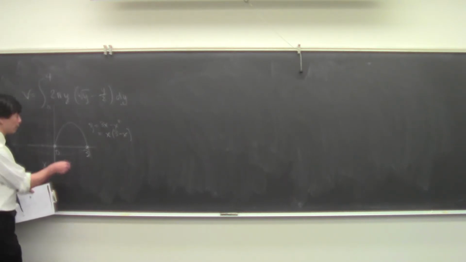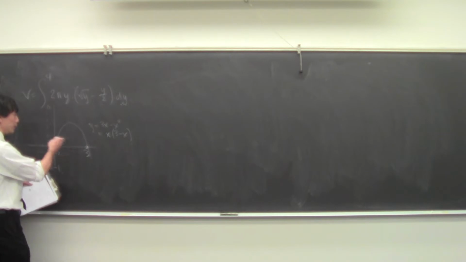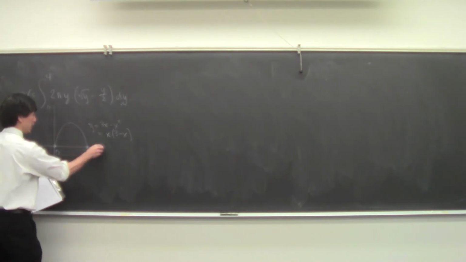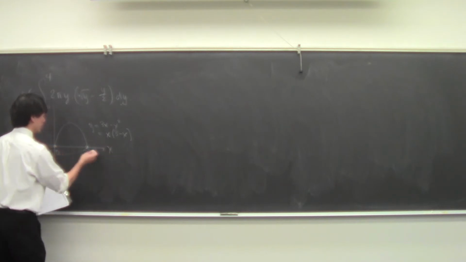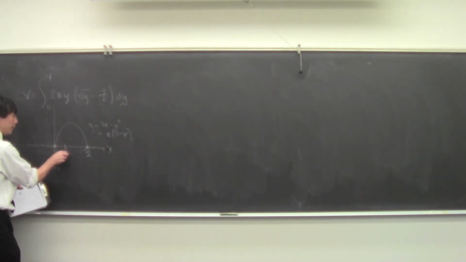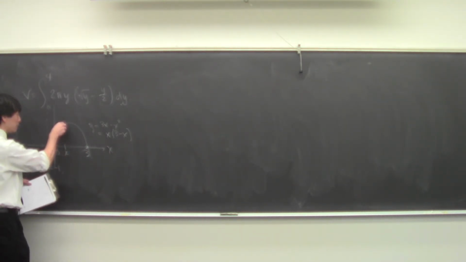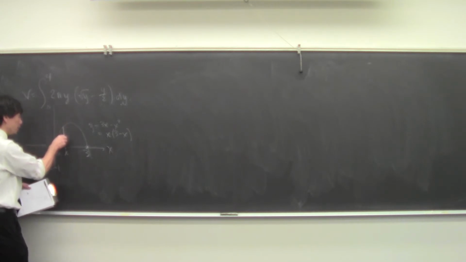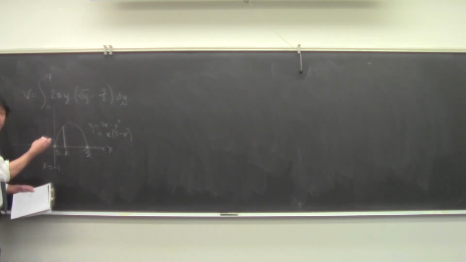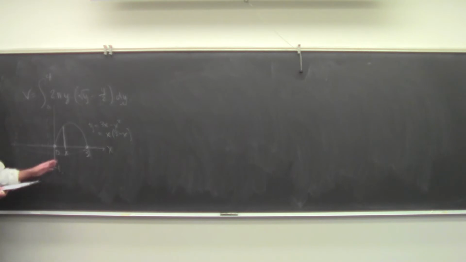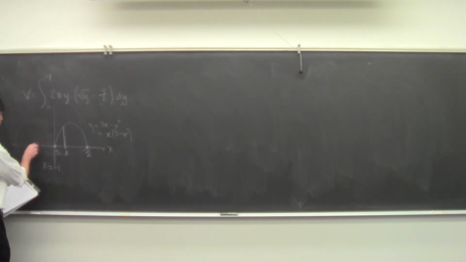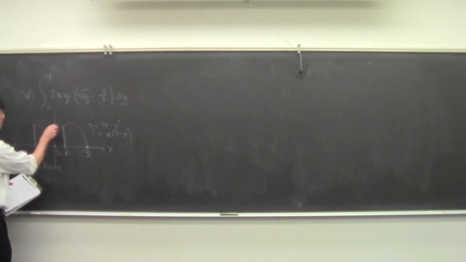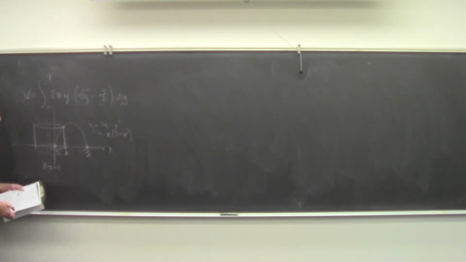Okay, let's talk. We're doing this by the method of shells, so we're going to cut vertically. That is, we're going to fix an x value and slice with that line at value x. We take that and rotate it around, and we get this shell.